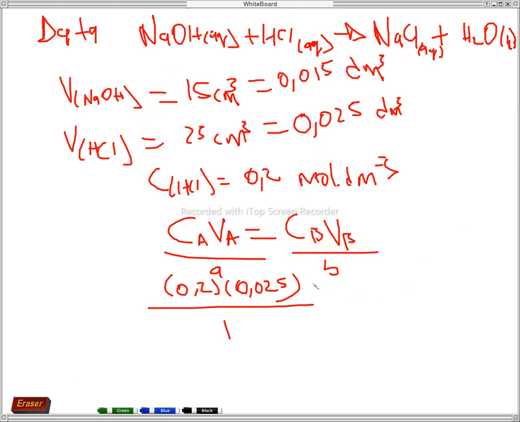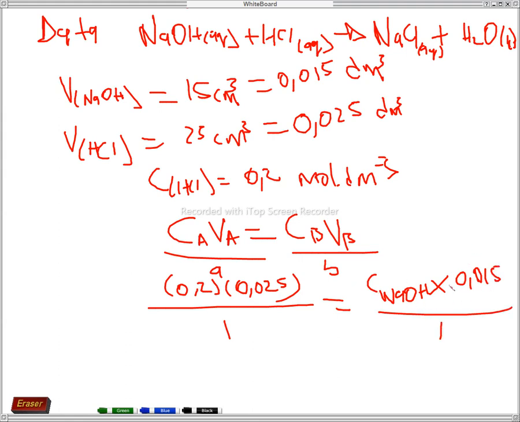So I'm just going to substitute 1 there, and then let me come to the concentration of NaOH, which is what we are looking for, and let me multiply it by 0.015. This is the concentration of this.